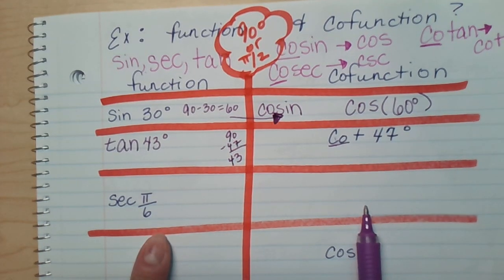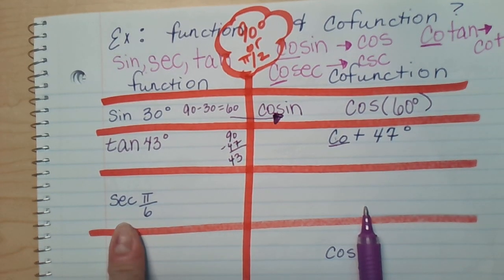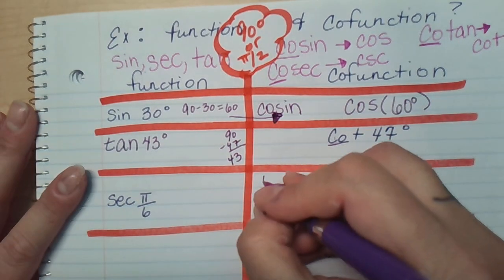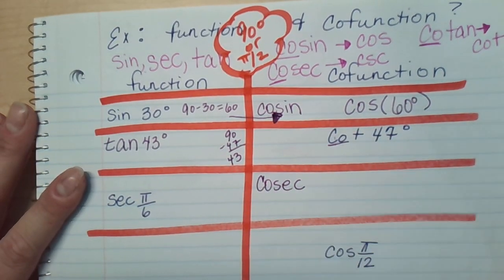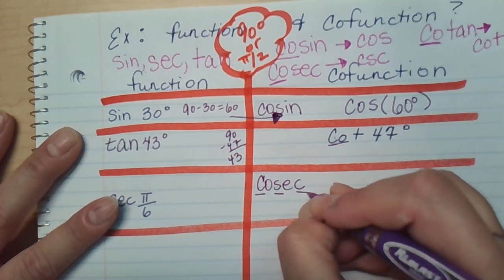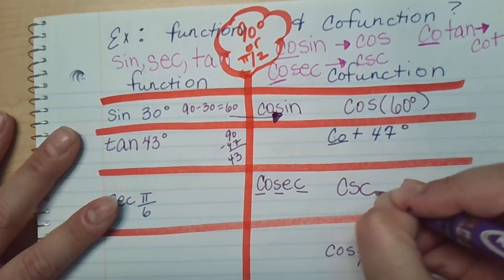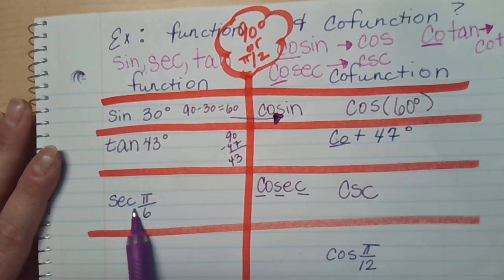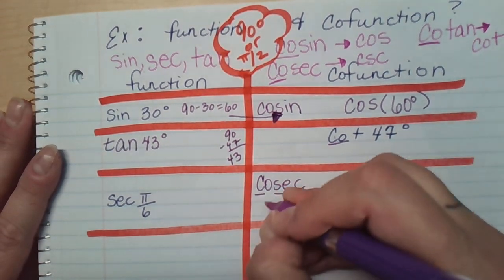All right, let's go to secant. Which word means secant with a co in front of it? Cosecant, but we don't abbreviate it that way. We abbreviate it as CSC. And then we need to take this pi over 6 and subtract it from 90.